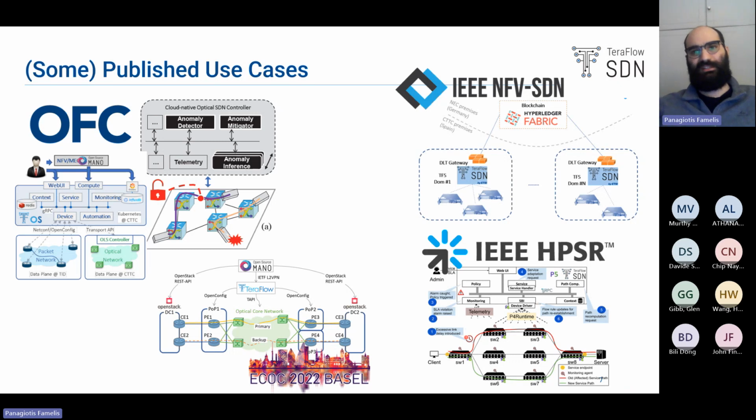On IEEE NFV-SDN, we presented how we could use TeraFlowSDN as an underlayer to have some distributed ledgers. And on IEEE HPSR, we presented how we can use TeraFlowSDN to, first of all, control P4 devices and also apply some policy and some traffic engineering, let's say, not really, but close to it, on them. The last one is basically what I'm going to also show you today here.